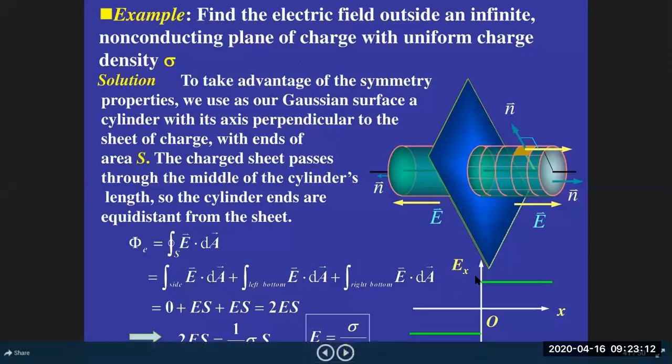So let us consider, because it is a case of a thin charge sheet, the area of both sides is taken to be important. First of all, say this plane acts as a thin charge sheet which is infinitely extended in this direction up to infinity and extended in this direction up to infinity.